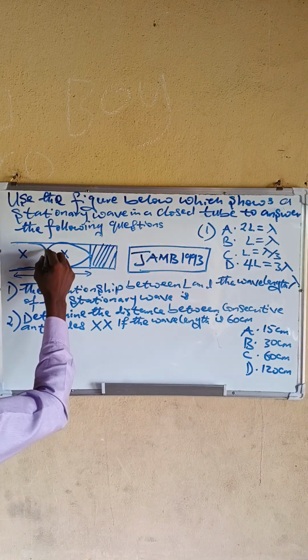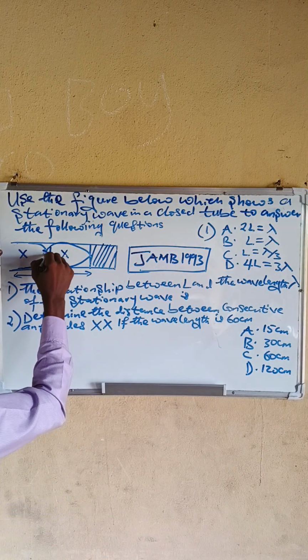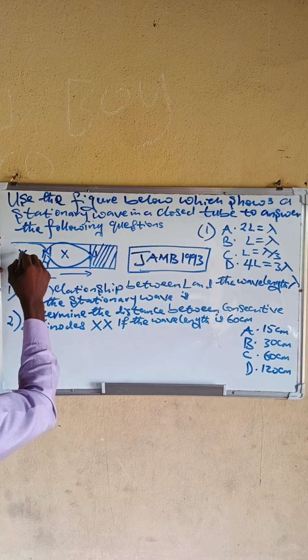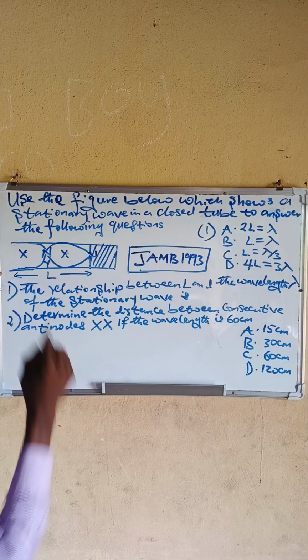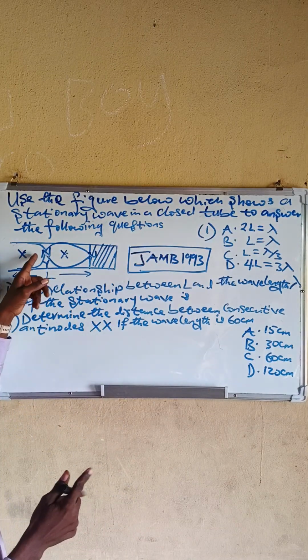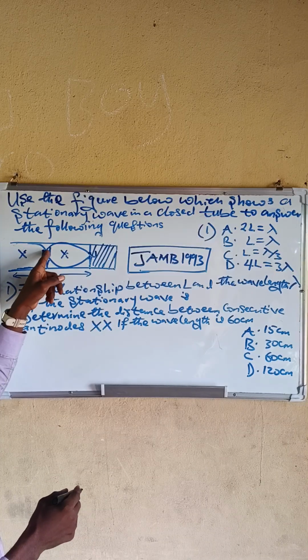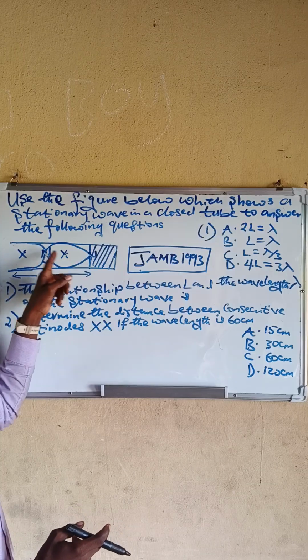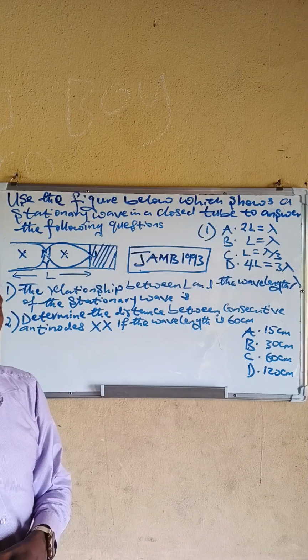This point is called a node. This point is called a node, but this point is an antinode. This is another antinode. The distance between an antinode and a node is 1/4 wavelength. The distance between a node and another node is half wavelength.